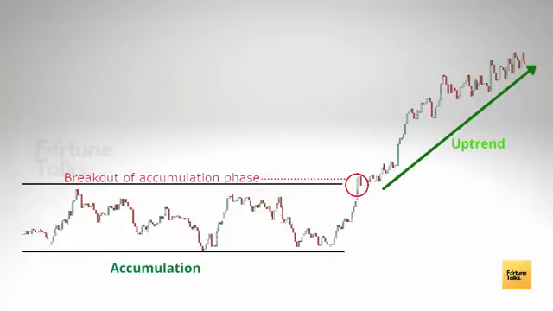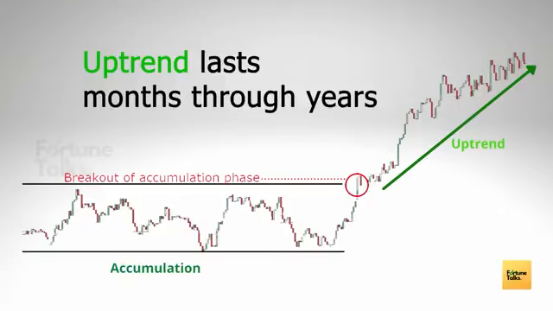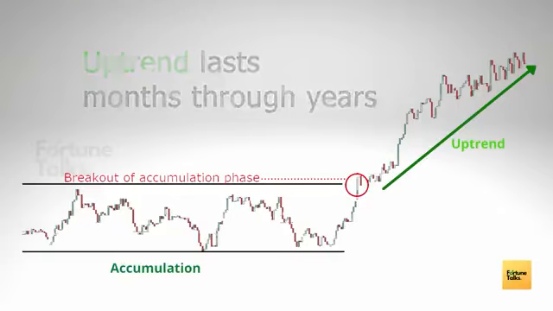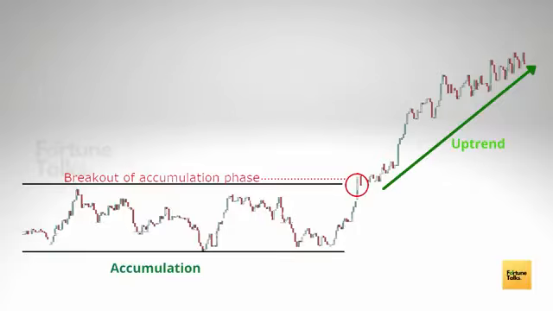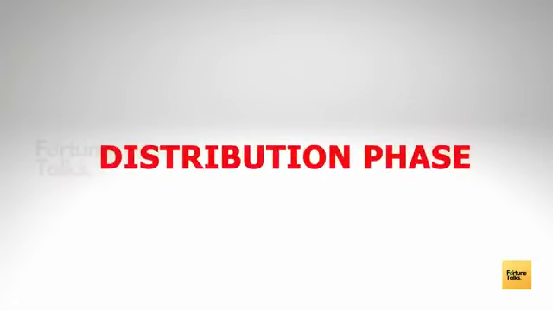So the uptrend can last anywhere from months to even years. It is during this phase that the trend traders make a lot of profit. We will discuss how to identify an uptrend and how to approach your trades during an uptrend in our upcoming videos. But now let's move on to the third phase, which is the distribution phase.